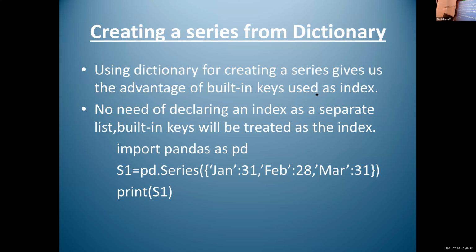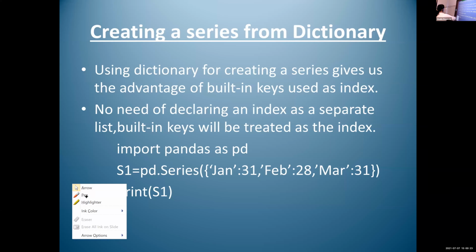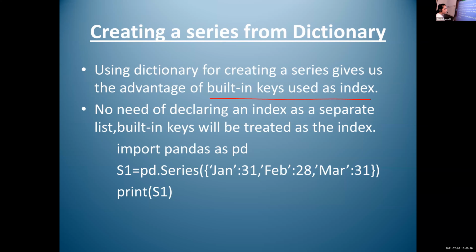Using a dictionary for creating a series gives us the advantage of built-in keys used as index. What is the meaning of this? Built-in keys used as index means there is no separate index value. Keys are already there, and those keys are used as index. No need of declaring an index as a separate list. Built-in keys will be treated as the index.